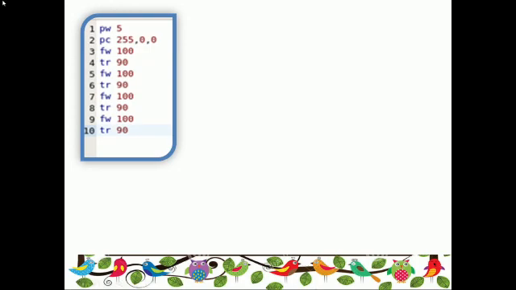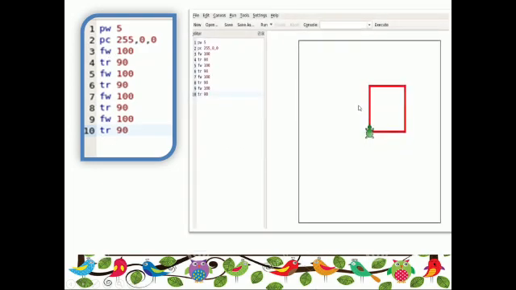Okay, so here is the command, PW PC FW TR PC. If you don't want to use it, you can just leave it. You use all these commands and they will help you to draw this type of shape. Just try to use all these commands, draw this shape and send it to me. This is your activity, don't forget to do it. Try to learn all the commands first and then practice it.